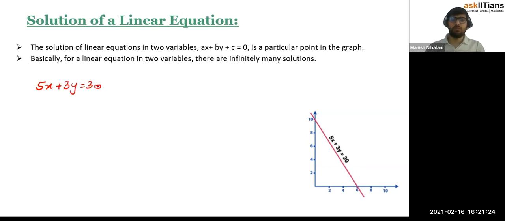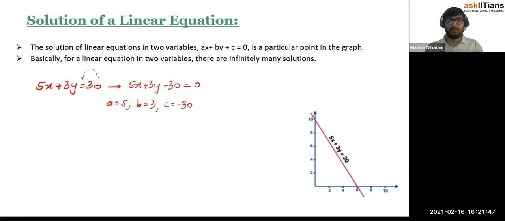This is of the form ax plus by plus c equal to 0, because when you take the 30 to the other side, you get 5x plus 3y minus 30 equal to 0. Here a is 5, b is 3, c is minus 30, so this is a linear equation in two variables.